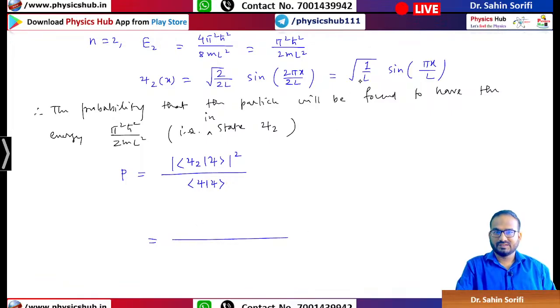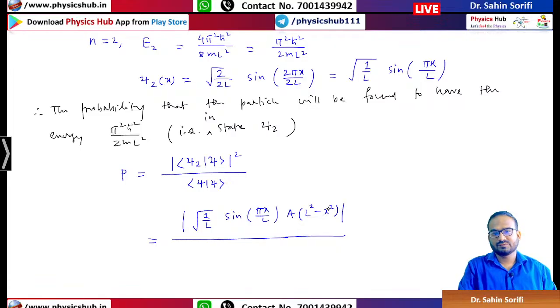Bra psi 2 will be square root of 1 by L sine 2 pi x by L, ket psi. This is psi 2 and it is ket psi. Ket psi was A times L square minus x square, right? Modulus of this, modulus square of this.